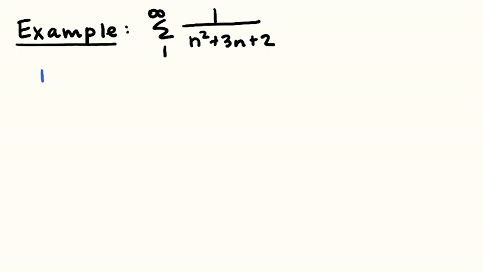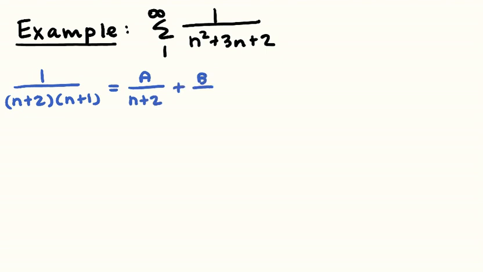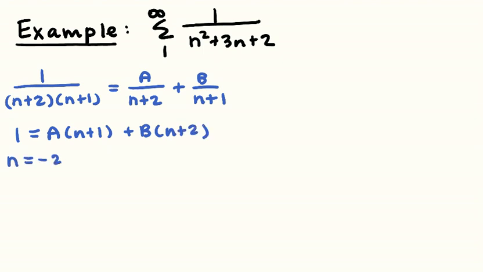So I'm going to say 1 over n plus 2 times n plus 1 is equal to a over n plus 2 plus b over n plus 1. And that indicates to me that 1 would be equal to a times n plus 1 plus b times n plus 2. And then I'm going to start with maybe n equals negative 2.